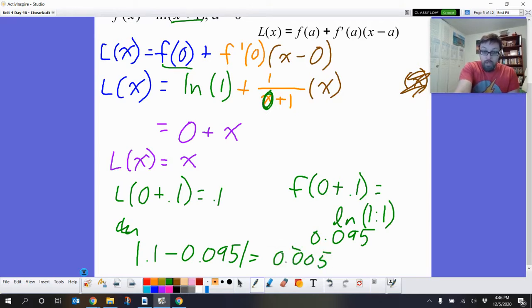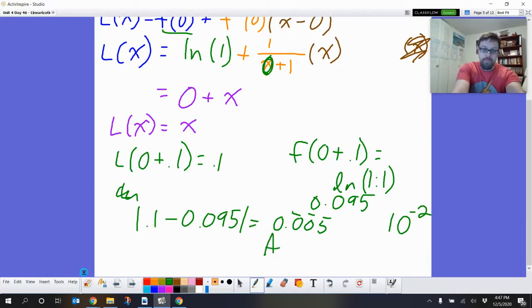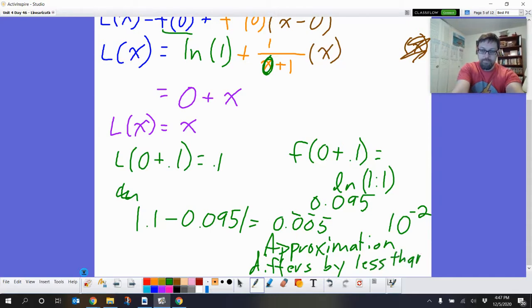Okay, now there are 2 decimal places that turned out to be 0, so our approximation differs by less than 10 to the negative 2, a 100th.